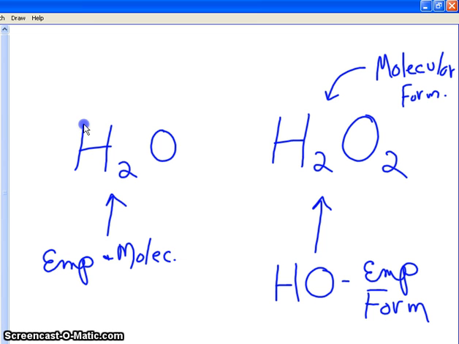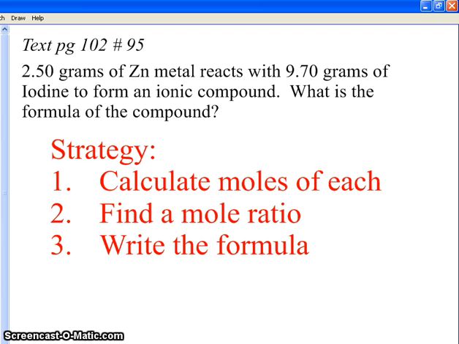So, for example, here is one problem with lab data. I took this out of your book, and this problem has two elements in the compound. There's zinc in the compound and iodine in the compound.